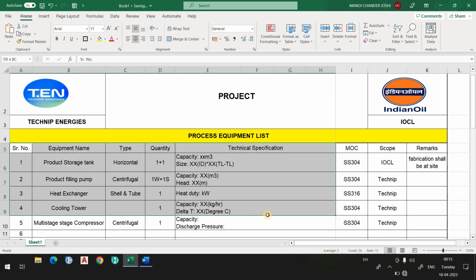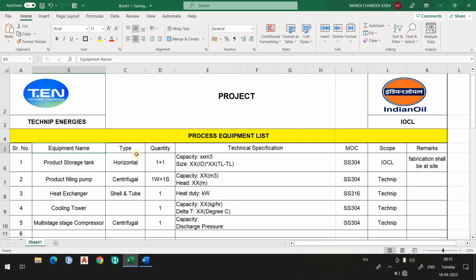That scenario could change from company to company, means someone is giving the information about the equipment type, quantity, technical specification, MOC, but not giving the scope, and they are giving remarks. So a little bit of change could be there, but most of the time this is the general information which we provide in the process equipment list.